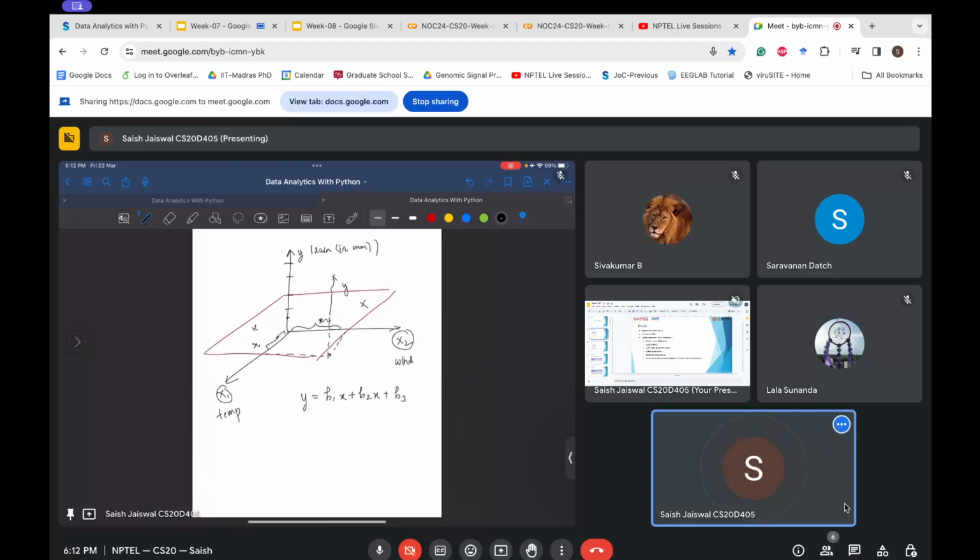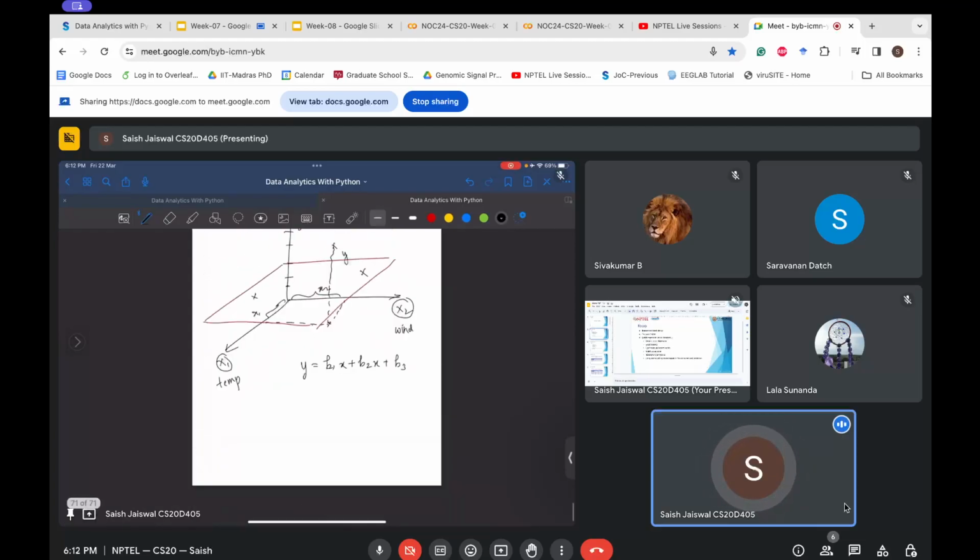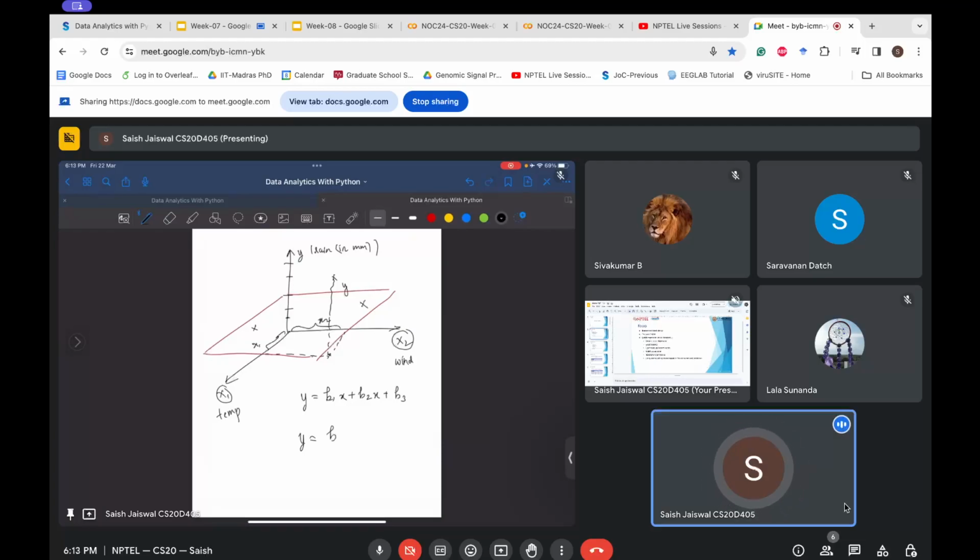In linear regression, we had the equation y equal to b1 plus b2x, which represents the equation of a line. As you increase the number of independent variables, the dimension of the space in which you want to find the relation also increases. In this case we had two independent variables, so the dimension of the space is 3, and what we are trying to find is the equation of the plane.